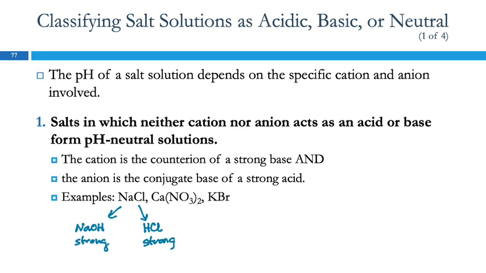So these guys by themselves don't do anything acidic or basic. Calcium hydroxide is a strong base. NO3, HNO3 is a strong acid. So these guys aren't going to do anything. KBr, potassium from potassium hydroxide, bromine from hydrobromic acid, HBr. Again, their conjugates are strong. So those are pH neutral.